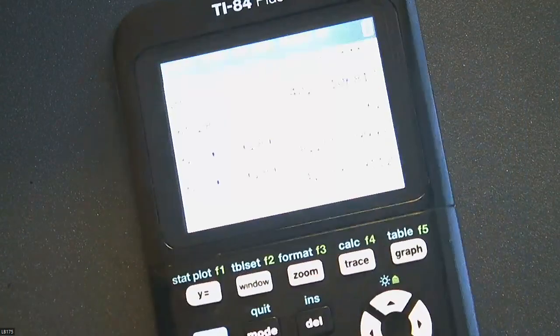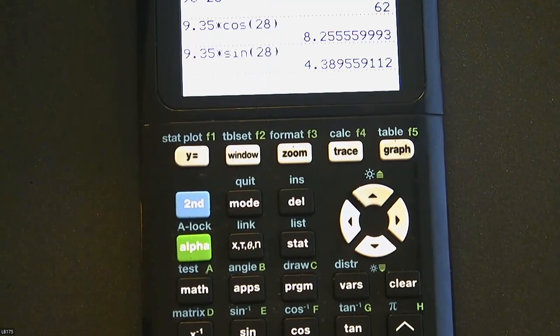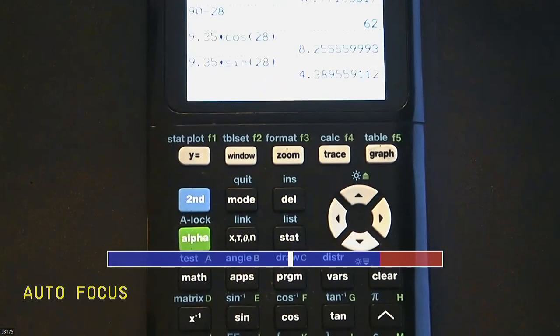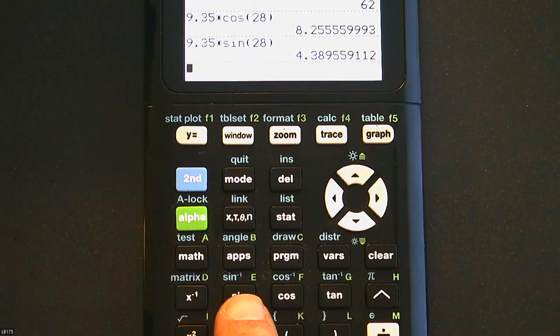Just so we're all on the same page, our sine key is down here.